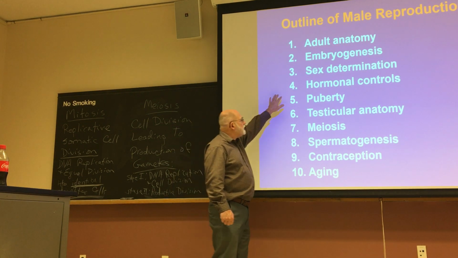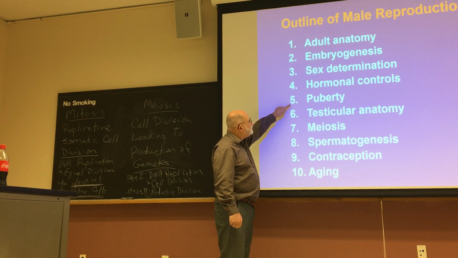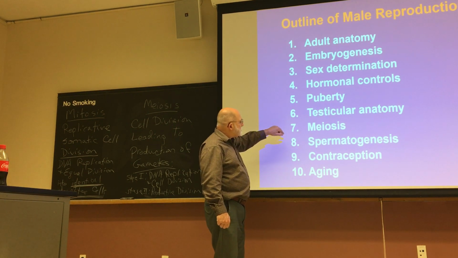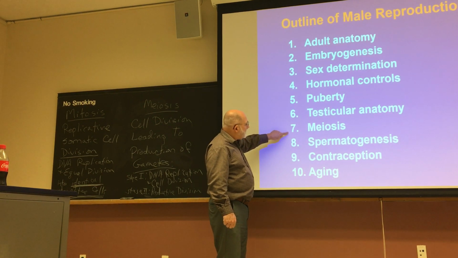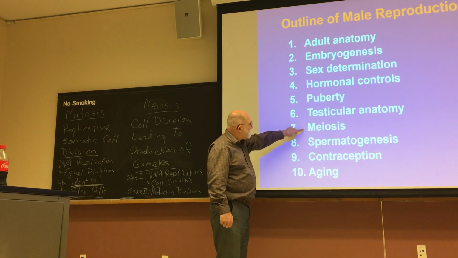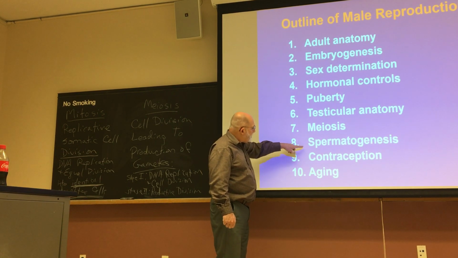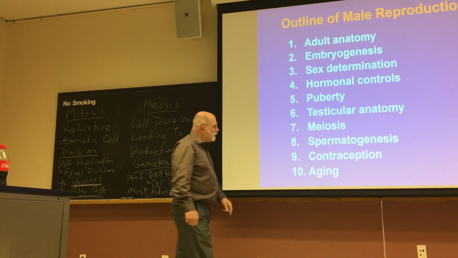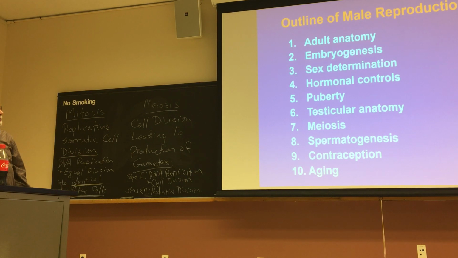We've already gone over a lot of the hormonal controls. We'll talk about puberty after we talk about pregnancy. We'll get to the testicular anatomy, some on meiosis. In fact, I'm going to go to these slides first today, and then we'll talk more specifically about spermatogenesis and more on contraception and aging. And we'll do that for the female as well.